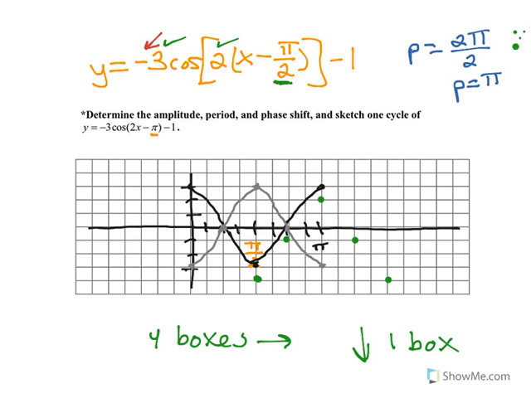So that should be all of our new points. Oops, it's kind of a thick line. So there are your 4 new points. That's going to be your transformation for that particular cosine wave.